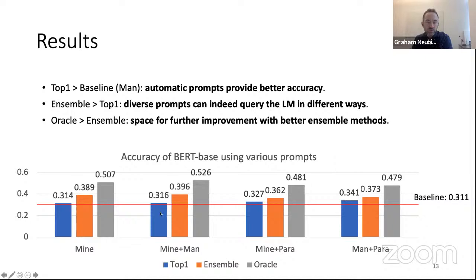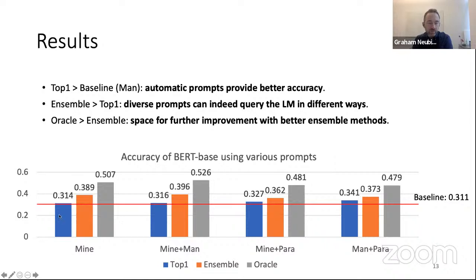Mining plus manual does a little bit better still, although there's not much of a difference. Mining plus paraphrasing does a bit better still, and then manual plus paraphrasing does the best out of all of these. So basically what we found is the manual prompts plus paraphrasing to turn them into other varieties gave us the best results.